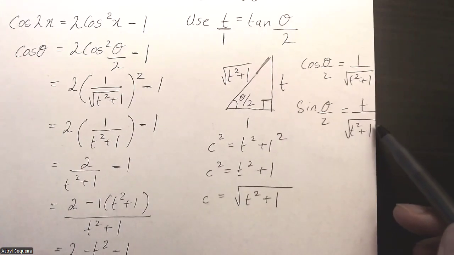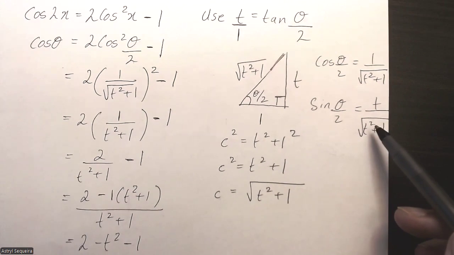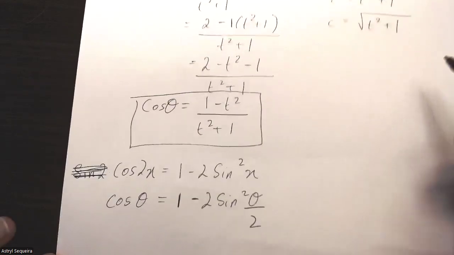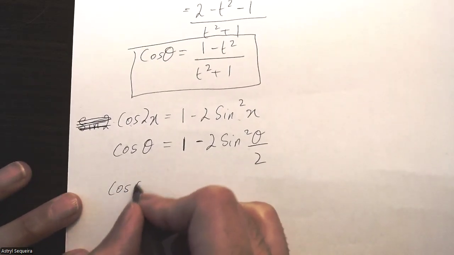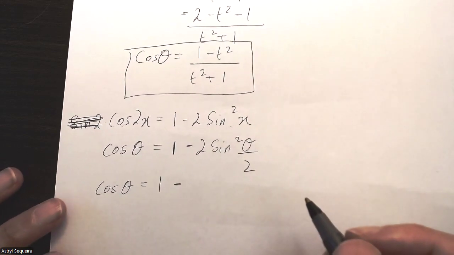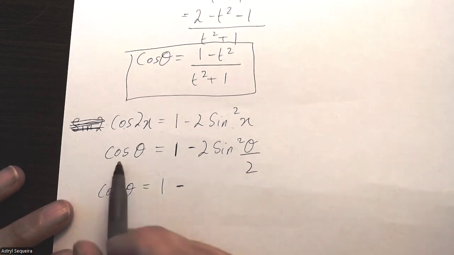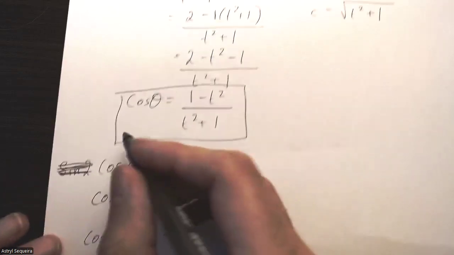I'm going to replace that with this over here. So cos theta equals 1 minus, oh wait, that's not even going to give me sine theta. So you need to actually do that using the sine formula, not the cos formula. Let's work that out.